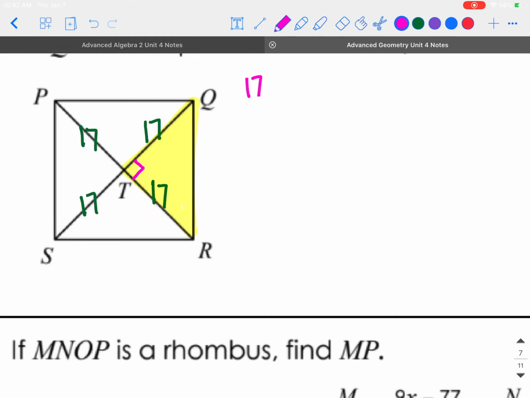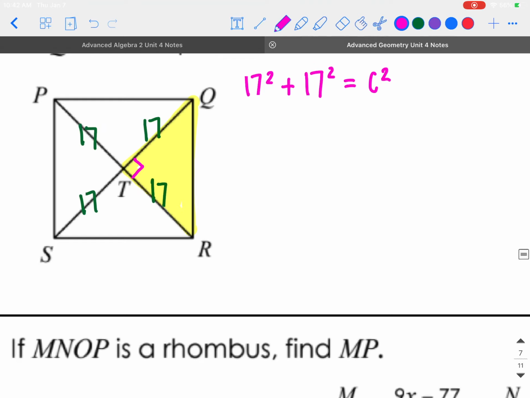Pythagorean theorem. 17 squared plus 17 squared equals C squared, which would be 578 equals C squared. If I take the square root, we get 24 equals C. So all the sides of the triangle are 24.